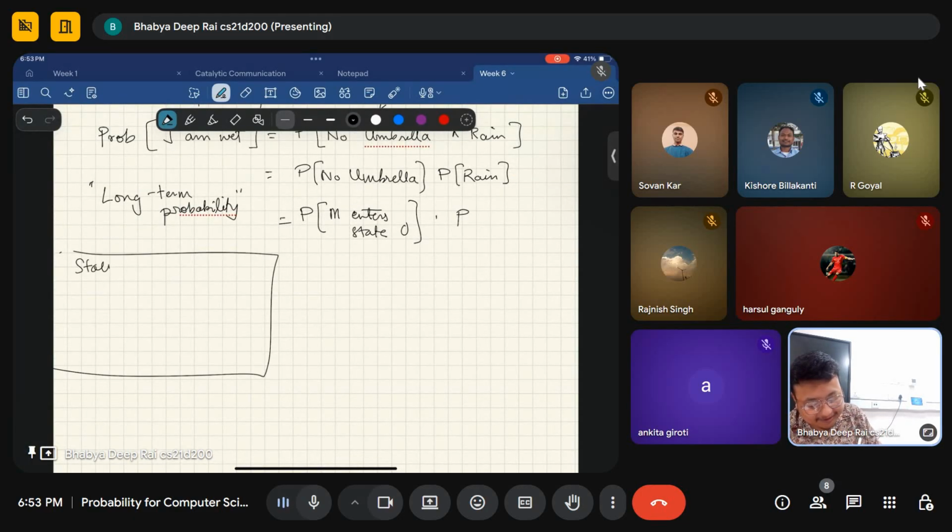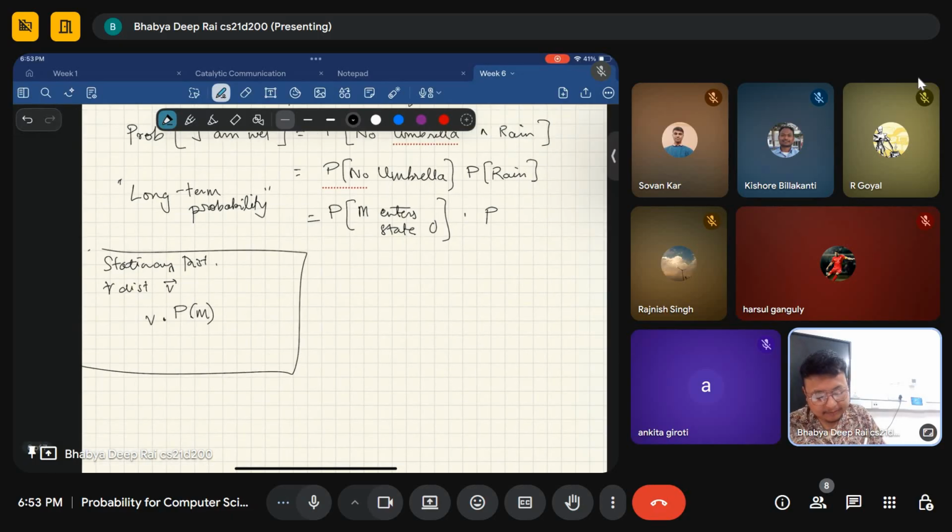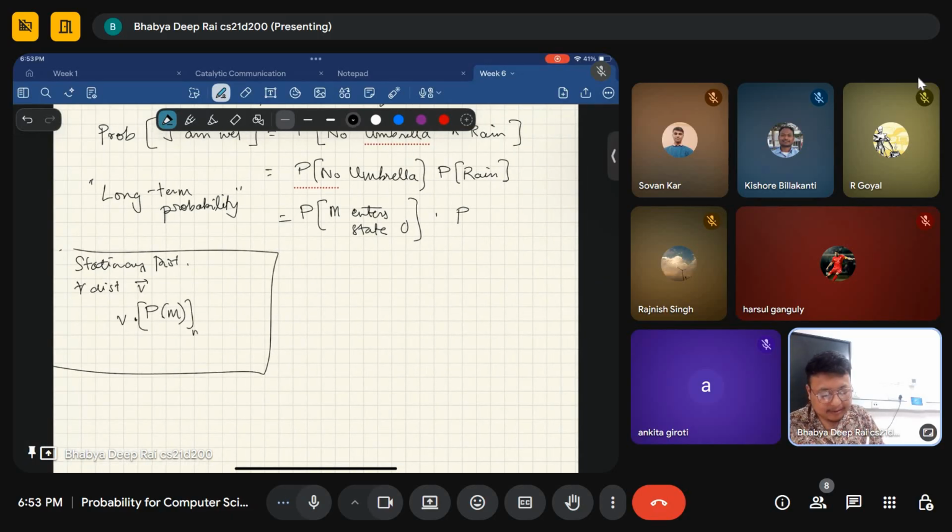So stationary distribution is the distribution such that V, a vector of distributions, times the probability matrix of the Markov chain, an n cross n matrix, will give you the same distribution.